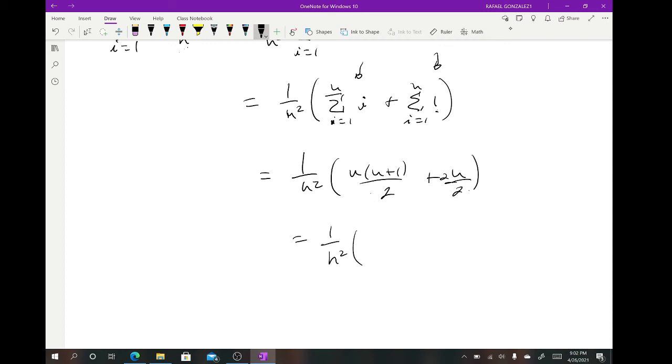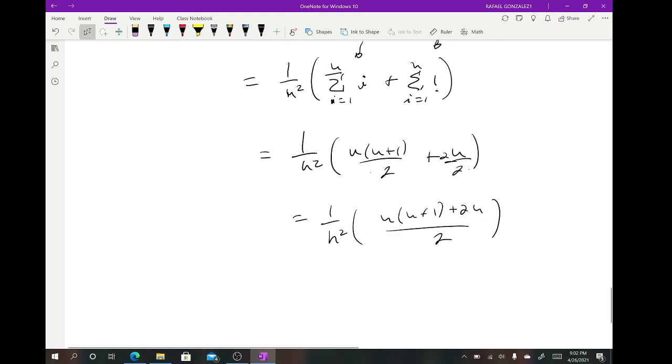So we have n squared times n plus 1 plus 2n divided by 2. And then we could multiply throughout. So remember, when you multiply fractions, you multiply across. So this is going to be 1 times the numerator and n squared times the denominator. So what I'm going to do is, as I multiply through, I'm going to actually FOIL this.